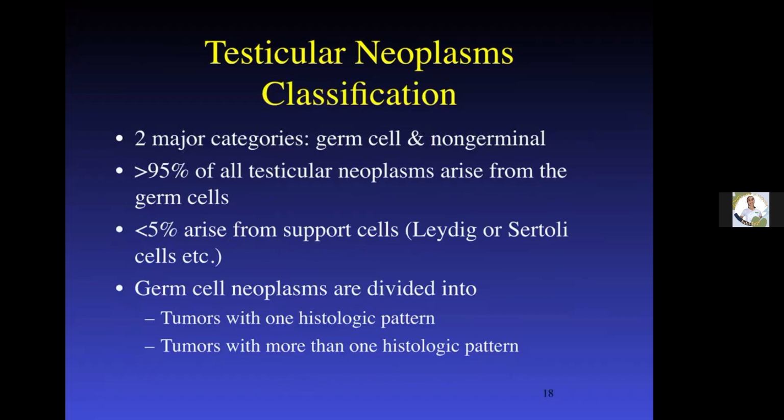There are two categories of testicular neoplasm. You have the germ cell and the non-germinal. Most testicular germ cell tumors originate from a precursor lesion called the intratubular germ cell neoplasia.